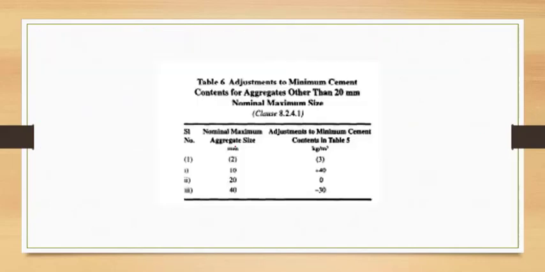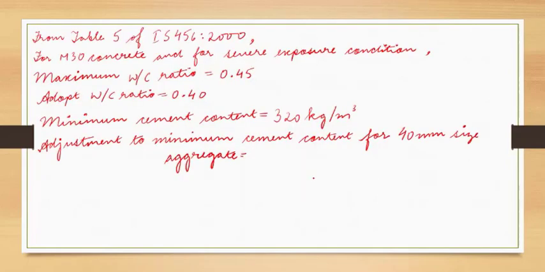What is it? It is given here that for 40 mm size aggregate our adjustment is -30. So what we originally got was 320, then we subtract 30, which is equal to 290 kg per meter cube.